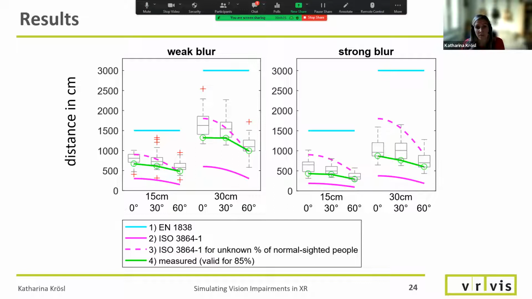And this is a form of vision impairment that you could actually expect in a home for the elderly. You could have a lot of people with such a form of vision impairment.